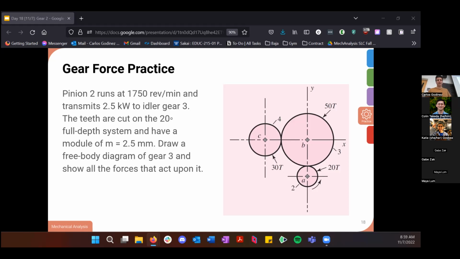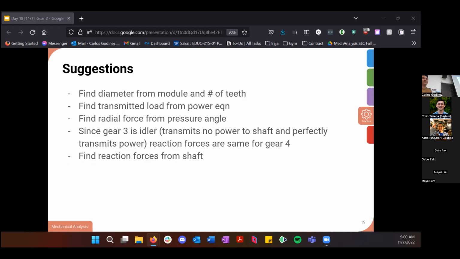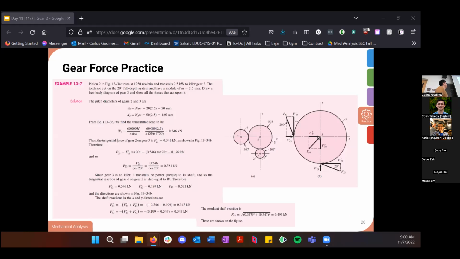If you're still working on it, no worries. Just so we have the time to go through the rest of the lecture. From these solutions, and you can read the actual ones, they're really tiny, but basically from the module, you multiply by the number of teeth to get the pitch diameter.